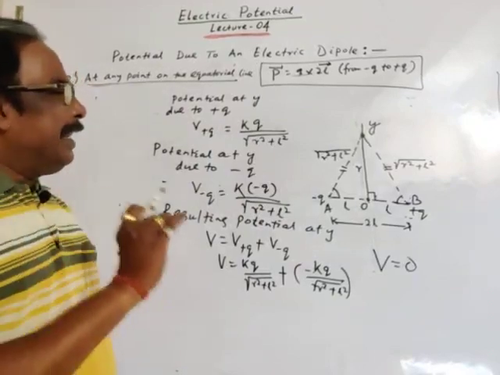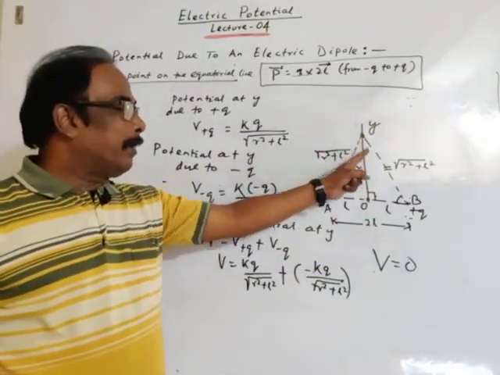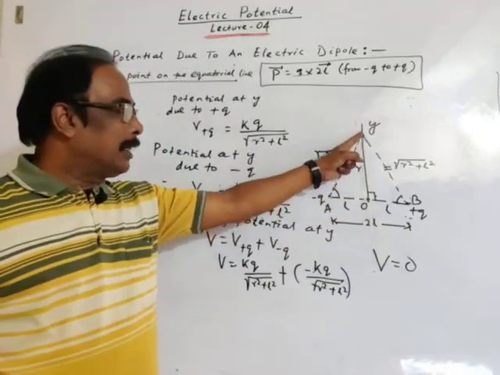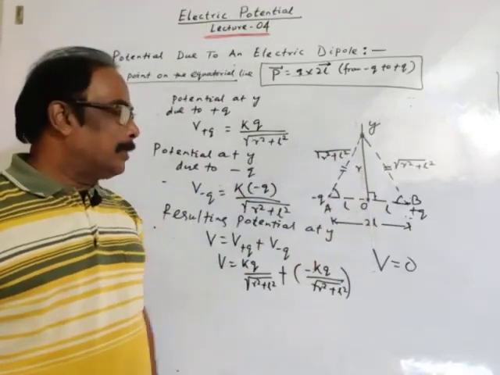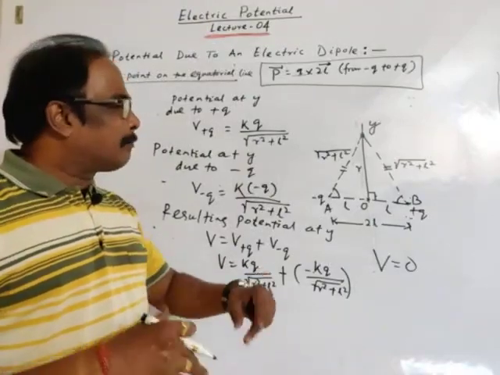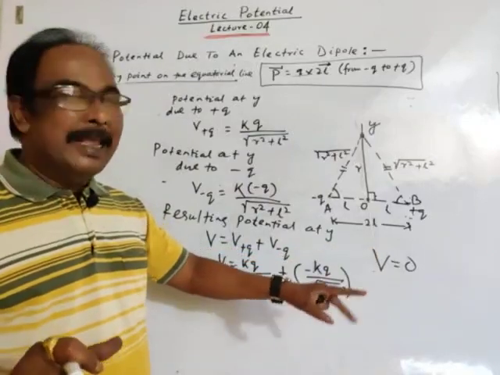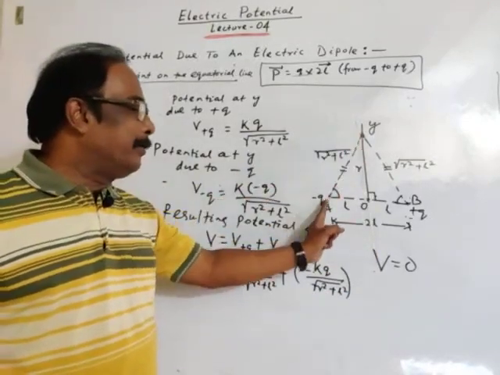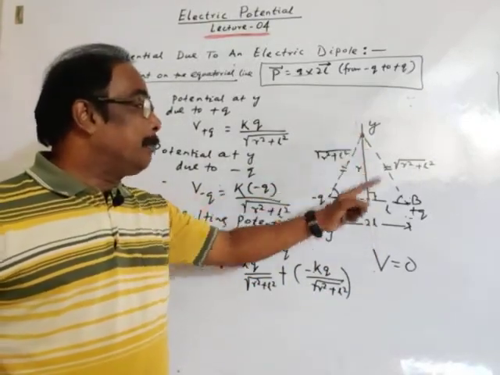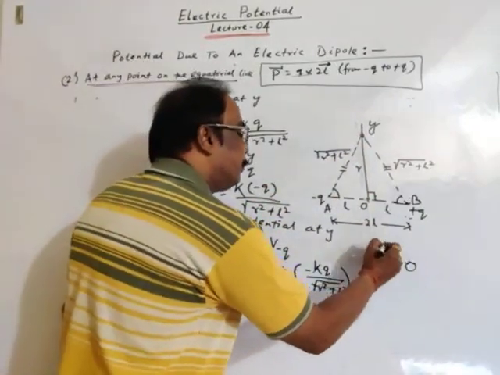So any point on the equatorial line is Y, and r is arbitrary. We have taken the distance of Y from the center of the dipole as r. So whatever the value of r may be, the potential at any point on the equatorial line due to a dipole is 0.